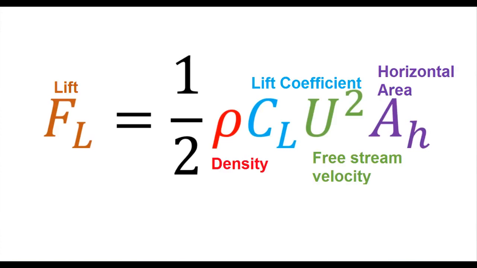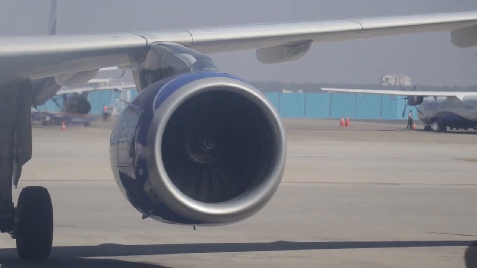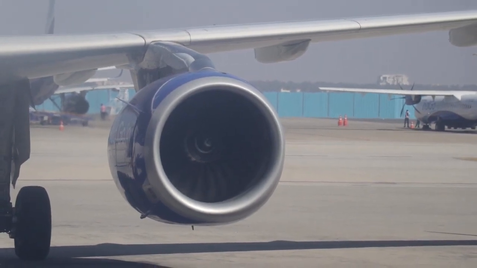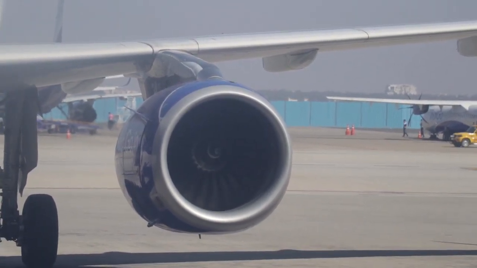So one way to increase lift on the airfoil, for this force to be greater than weight, is to increase the velocity along the airfoil. The force will depend on the square of the velocity. That's why we need turbines and propellers on our airplane to increase the flow velocity and increase lift.